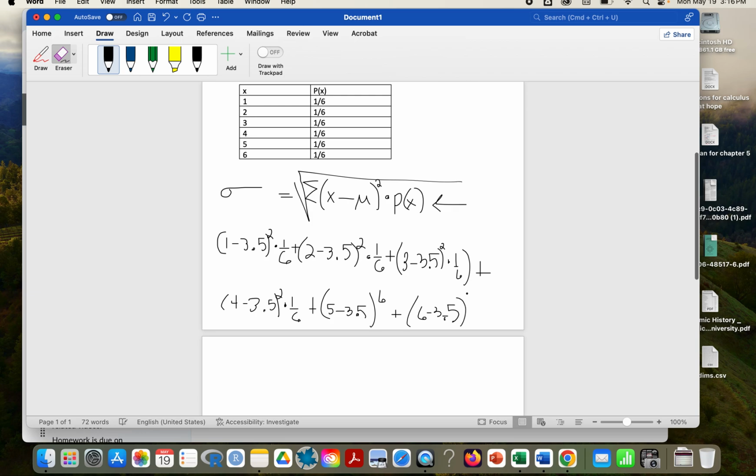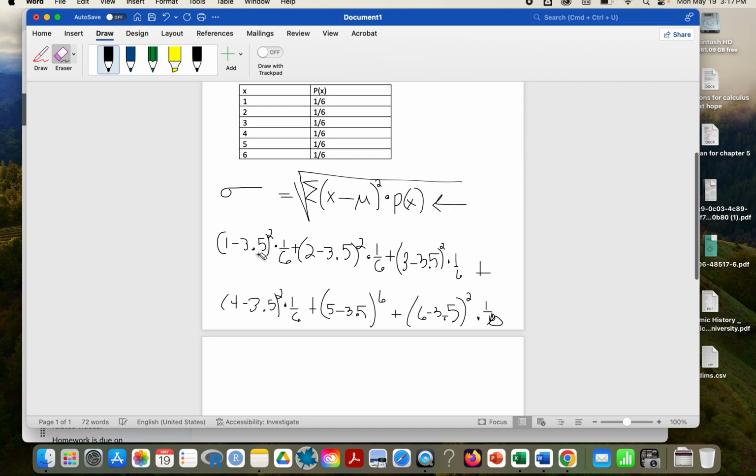3.5 squared times 1/6. I do have a typo I just caught. This paren doesn't need to be there, so I need to erase that. So, all right. This is going to be negative 2.5, and we're going to square that.